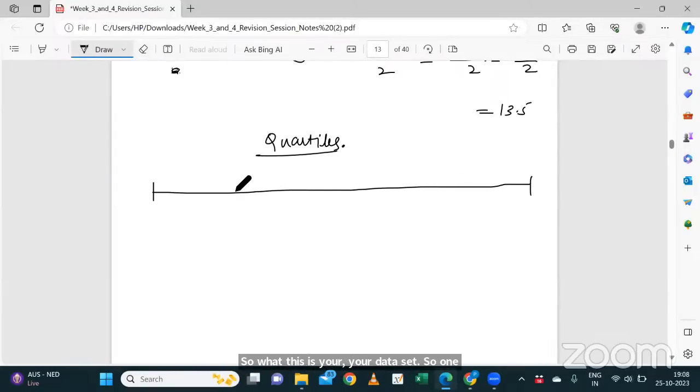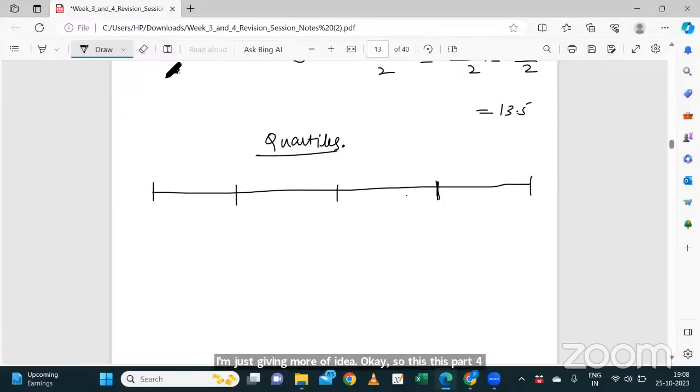Now it seems approximately equal. Just treat all the 4 parts as equal, I'm just giving you a rough idea. So this part, this part, this part, and this part are equal. It divides my data set into 4 equal parts. That's why it's called quartiles, meaning quarters actually.